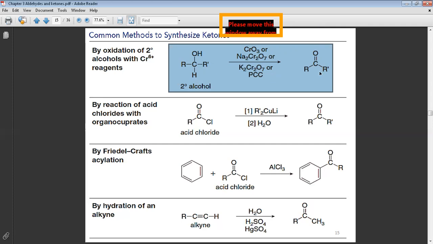Okay. The second reaction is by reaction of acid chloride, this acid chloride, okay, with organocuprate, okay. This is the organocuprate here. طبعا طلبة this is like a Grignard reagent. If you know the Grignard reagent, RMgX, okay, here the same thing.